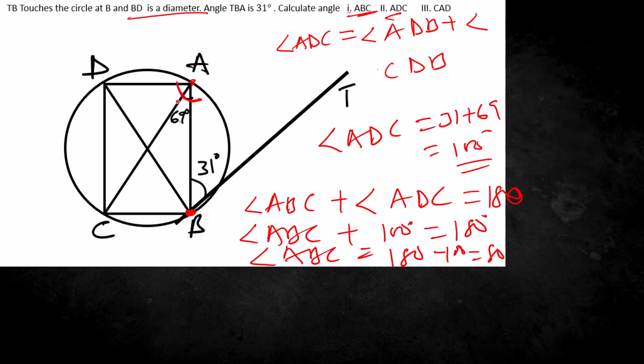So everything is 90 and this side is 69. What will be this side? It has to be 21. So this side will be 21 degrees.